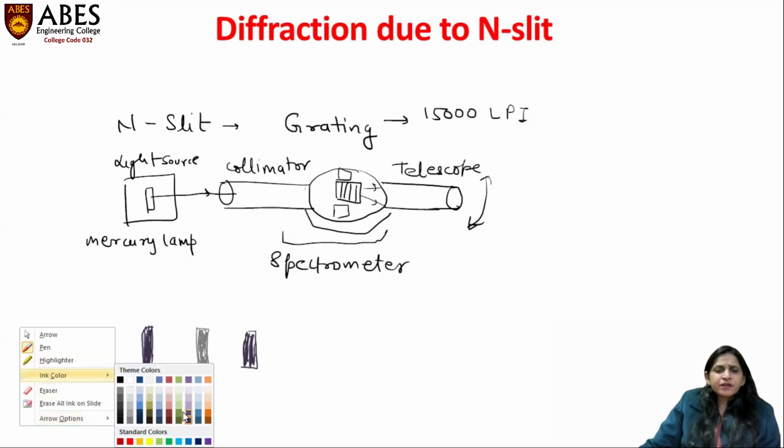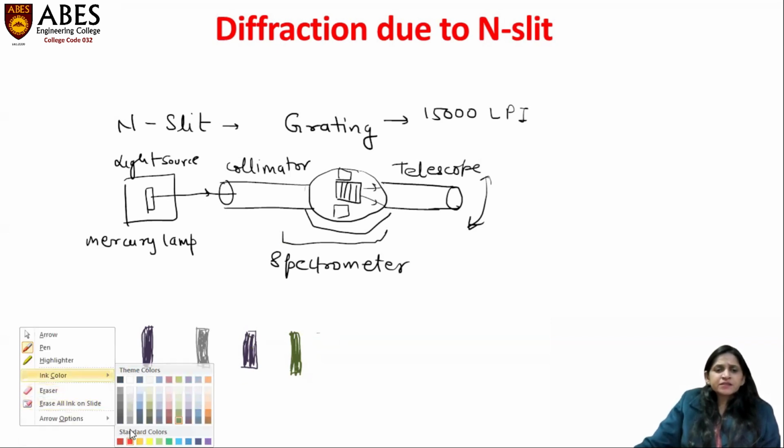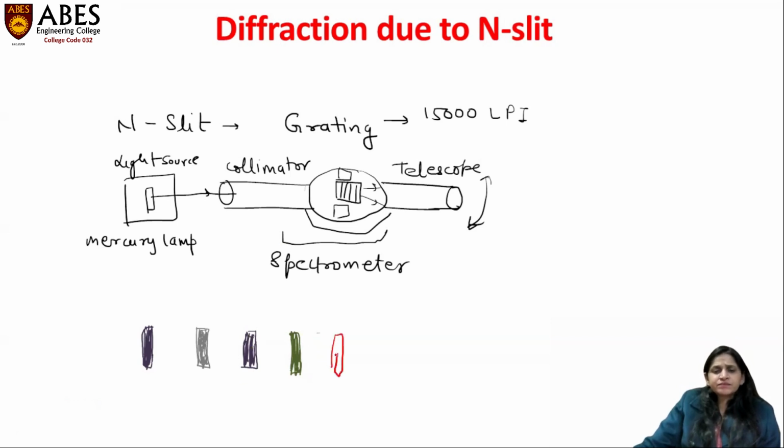After violet, we get indigo, blue, and also green in between. I'm not drawing all the colors, but a few colors, and at the end we get red. So this is the whole VIBGYOR that we are getting on both sides.